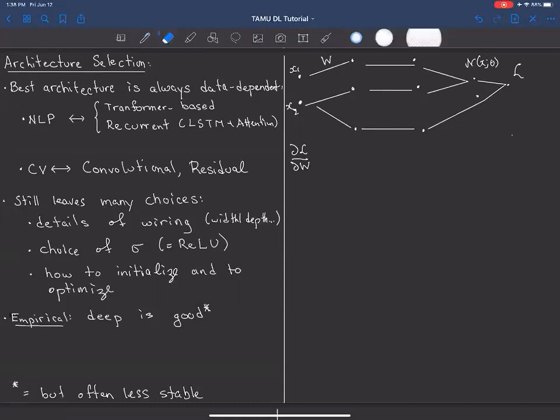So how am I going to do this? You're going to do it by the chain rule. You're going to say that, look, w only affects the loss through the values of the output. So that's the first chain rule application. This is dL/dN. And then N depends on w only through the values at the second layer. Let me give them some names.